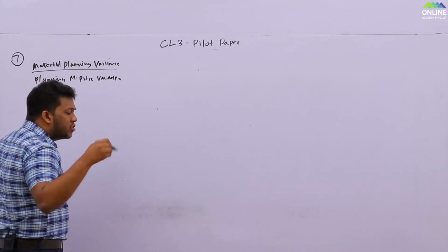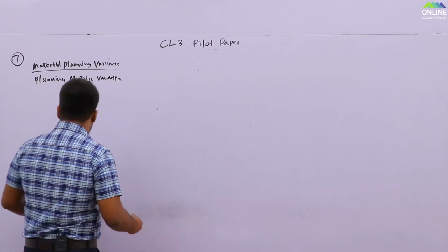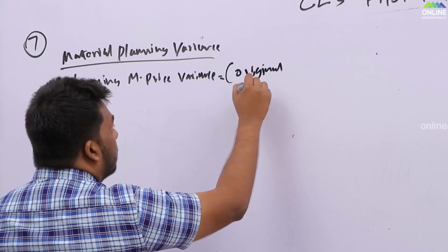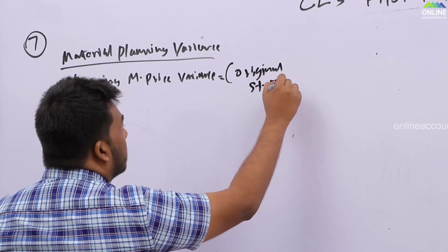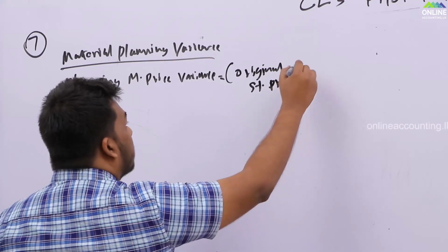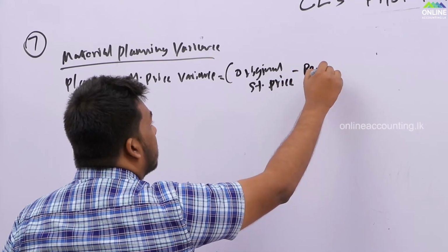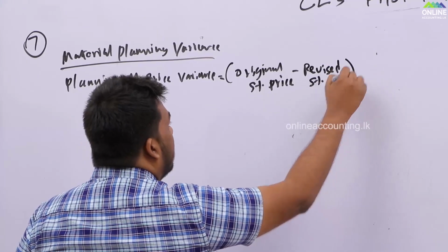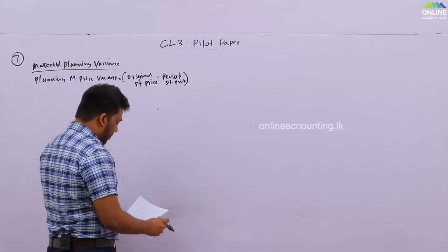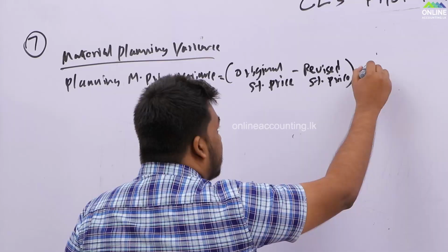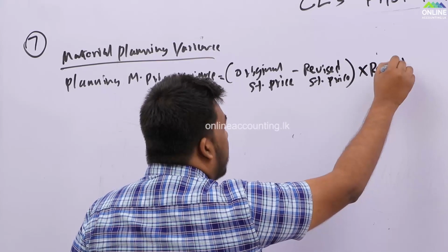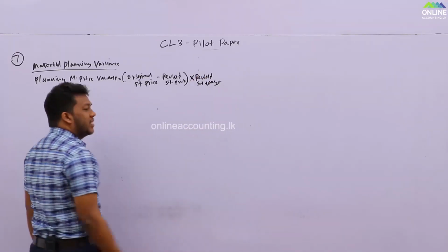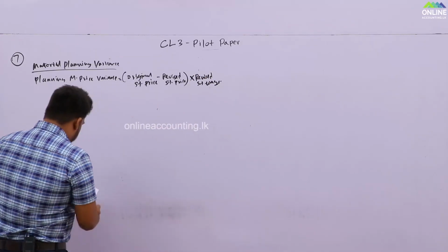You have to refresh your knowledge, right? So this is original standard price minus revised standard price, this into what? Revised standard usage. But standard usage is not going to be revised, so the same standard usage, right?